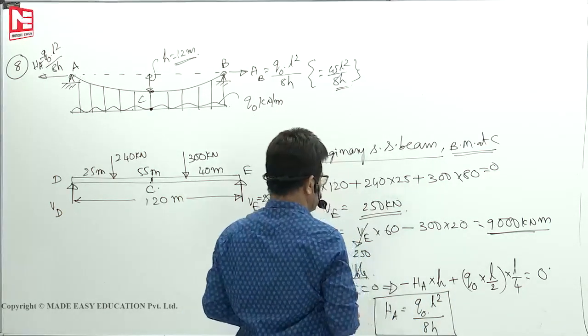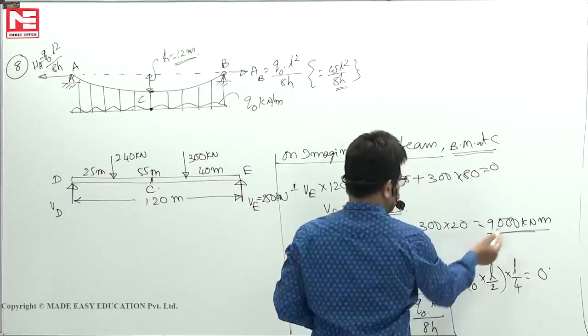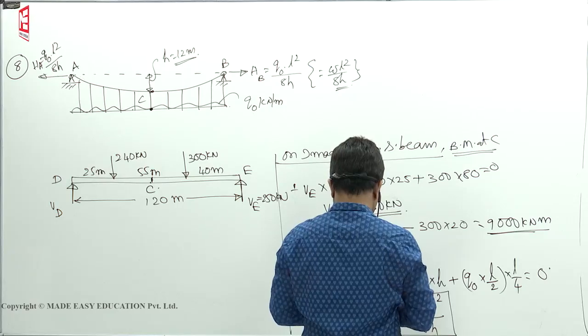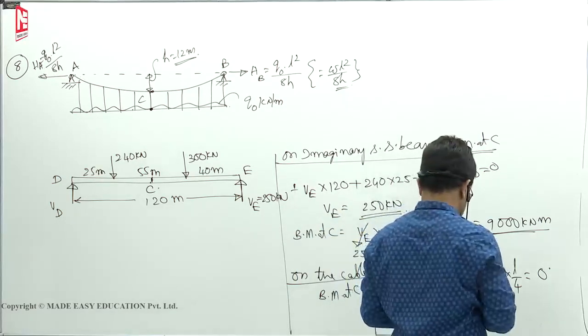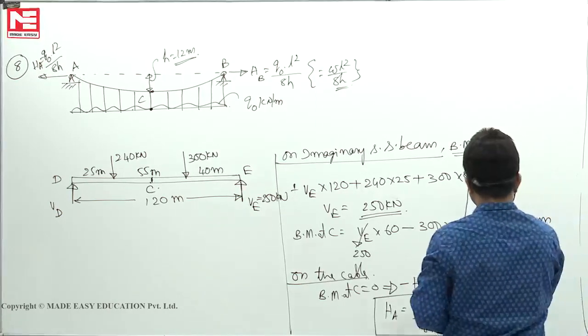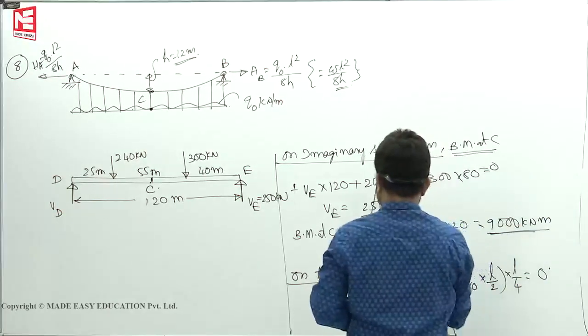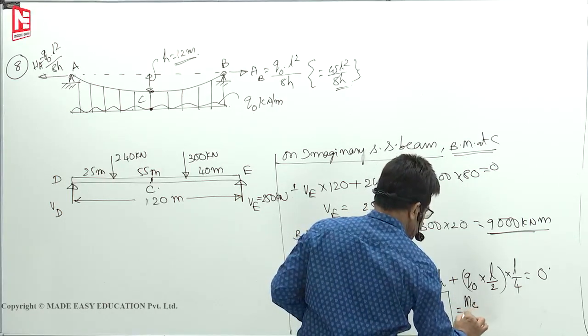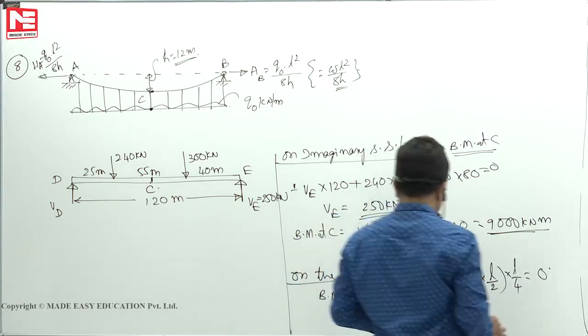Now this you can get from the equation. Horizontal thrust we can get. This is MC, WL square by 8, which is like MC, the bending moment at C, by H.